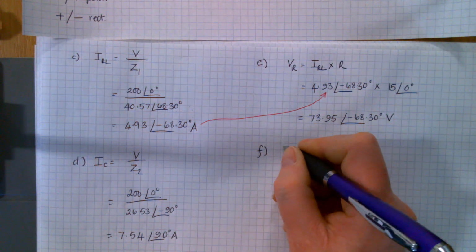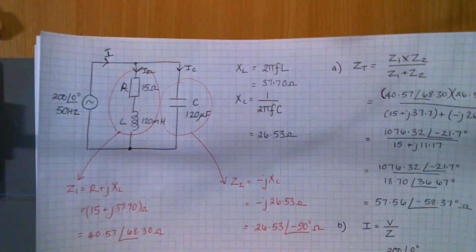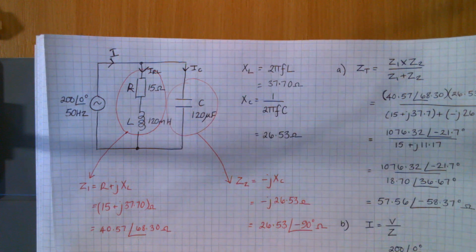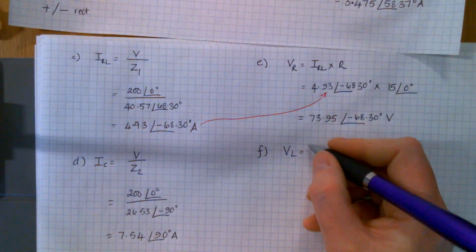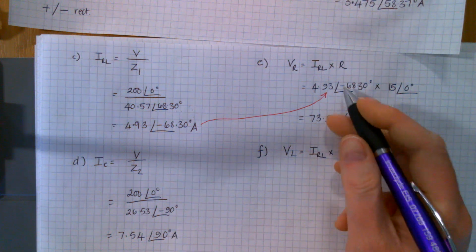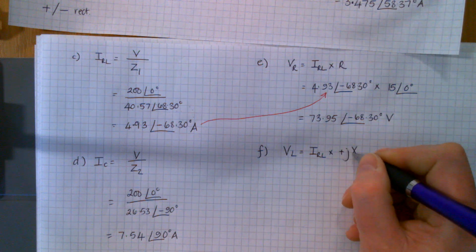Next, voltage across the inductor, VL. Let's have a look at where L is. So L's down here in this IRL branch. So we know that that's that. So it's going to be IRL again. And it's not going to be times by R, it's going to be times by your plus JXL.